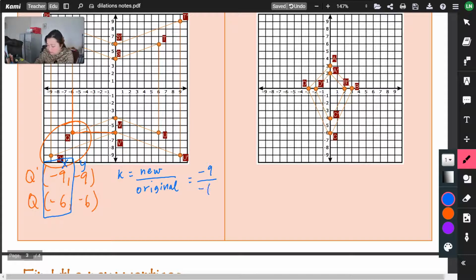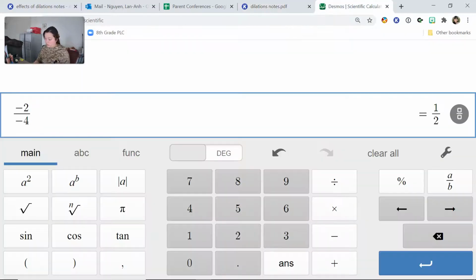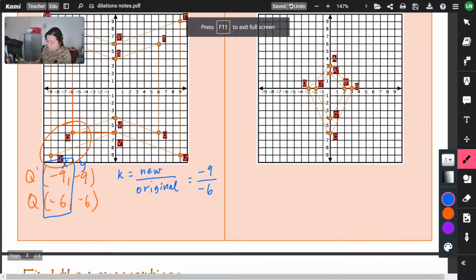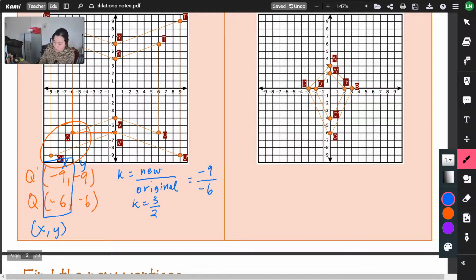Original x is negative 6. So another one for the Desmos calculator. Negative 9 divided by negative 6 looks like 3/2. You don't change it into a mixed number if that's part of your answer. k is 3/2. We'll just leave it as a fraction. So our rule is (x, y) becomes 3/2 x, 3/2 y.